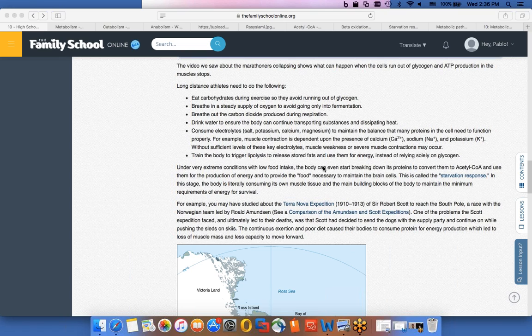For example, muscle contraction is all dependent upon the presence of calcium, sodium, and potassium. And when you don't have sufficient levels of these important electrolytes, then your muscles will start to weaken, or cramping contractions may occur in your muscles.